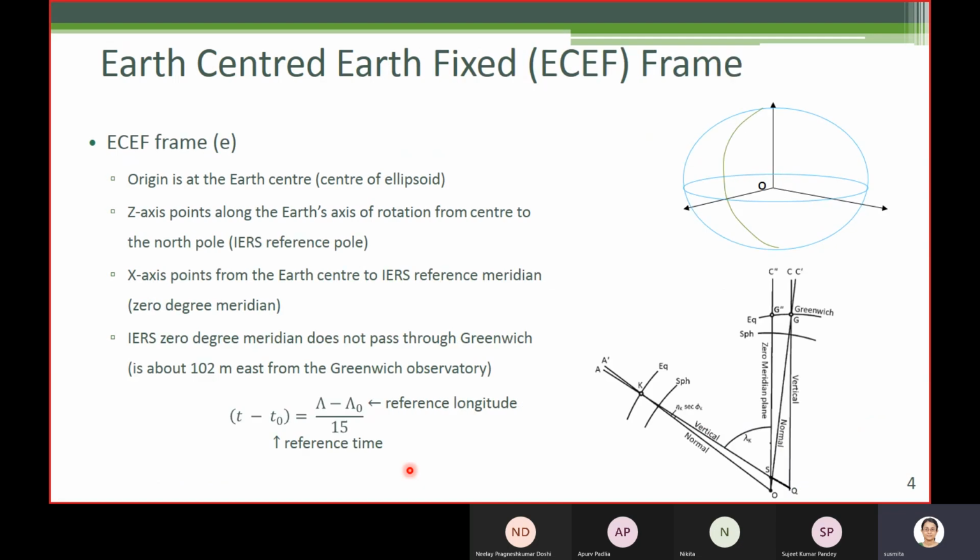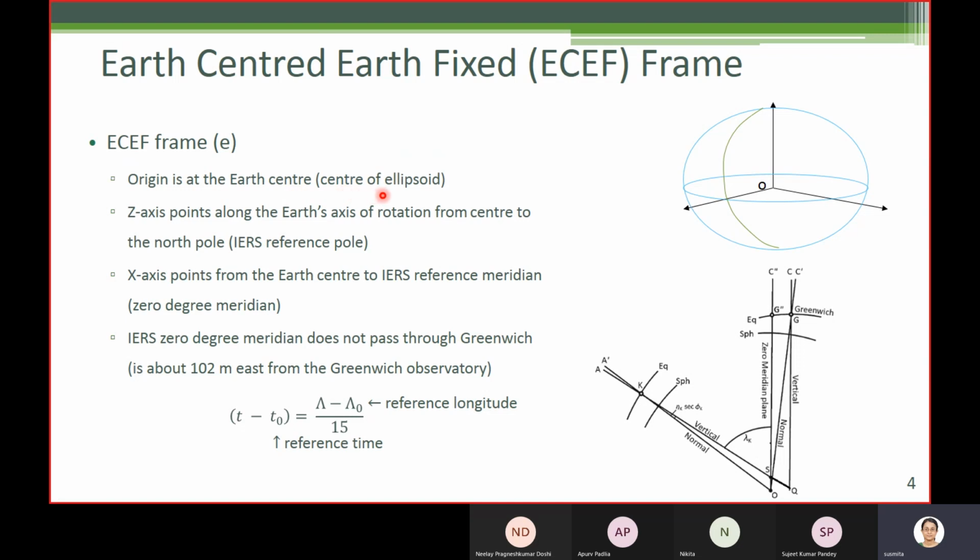The next frame that we'll consider is again Earth-centered, but it is fixed to the Earth. That's why it's called the Earth-centered, Earth-fixed ECEF frame. Its notation is E. The coordinate frame origin is at the Earth center, which is taken as the center of the ellipsoid.